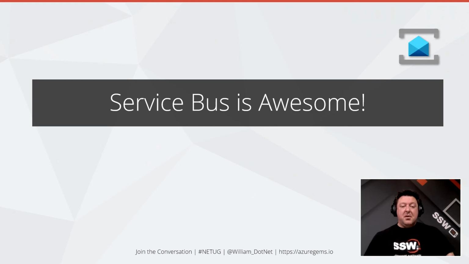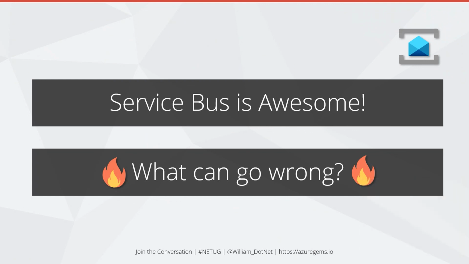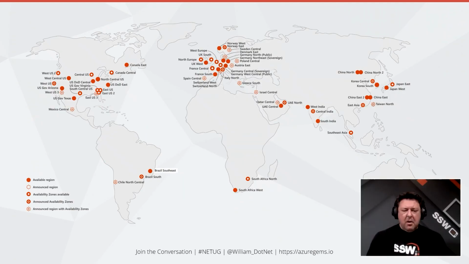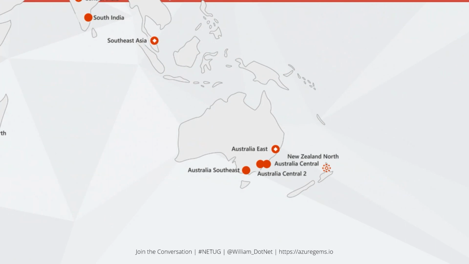So Service Bus sounds awesome, but what can go wrong with Service Bus? It's a service, and services themselves can go down around the world. If we look at Azure, we've got 60 plus regions now. It's really cool. They're all over the world. But I'm going to just focus here on our part of the world in Australia.